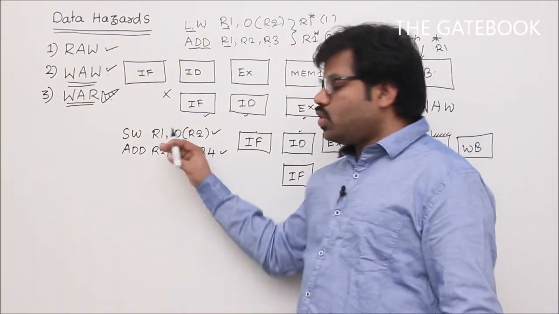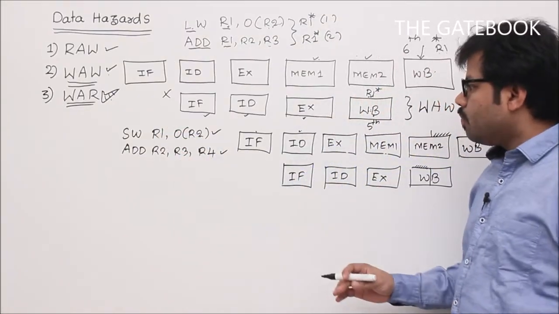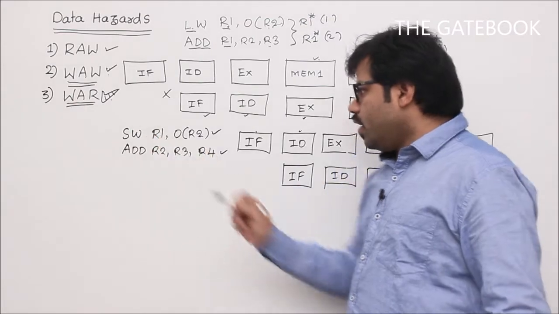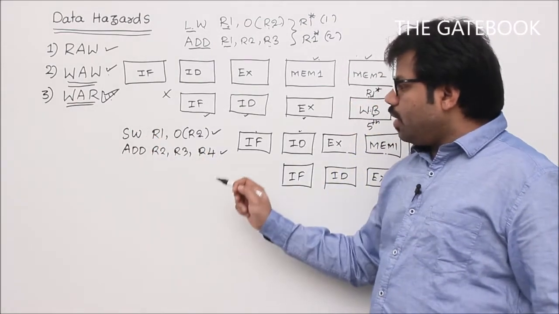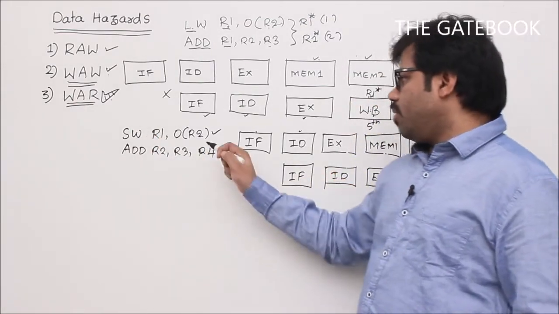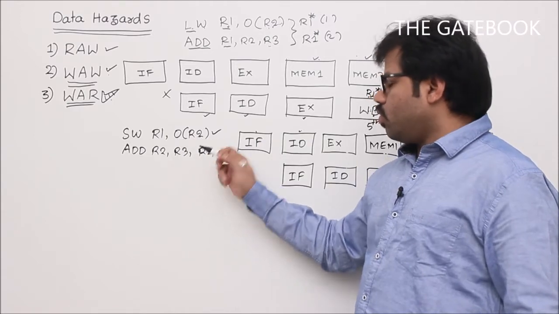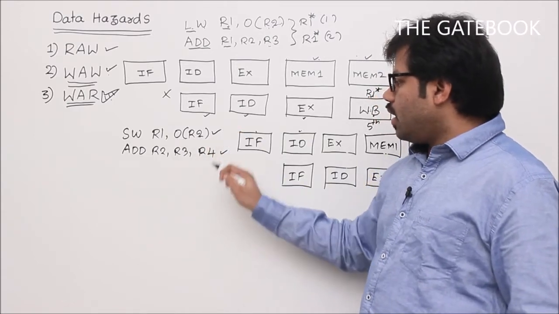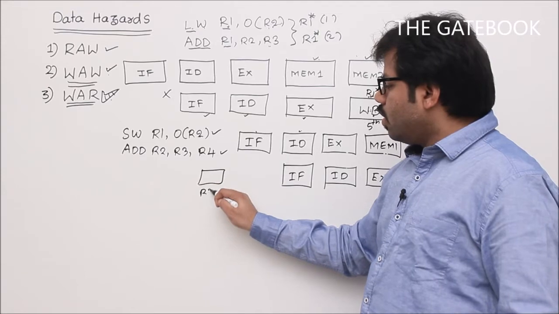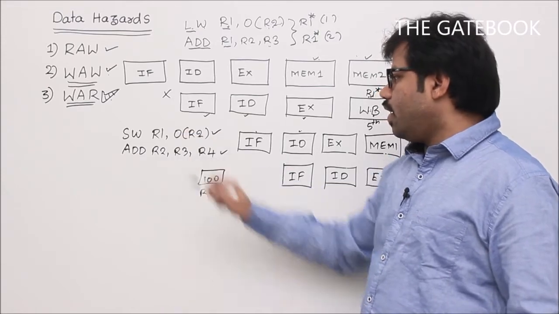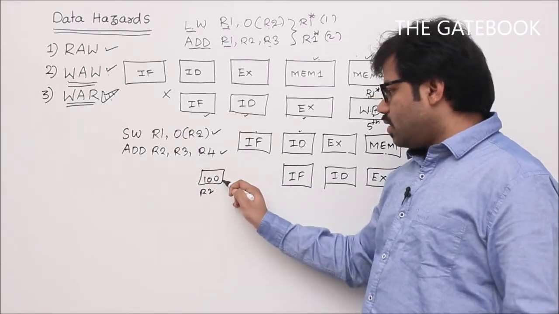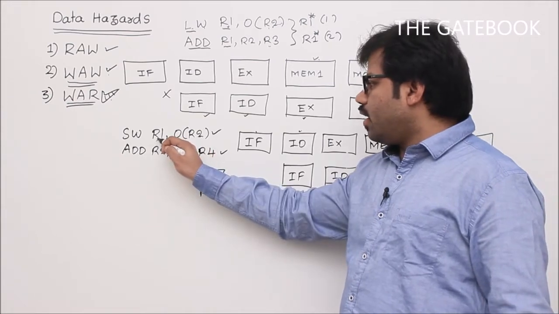Now let us see how these two instructions are getting executed here. Since it is a store word, we will be accessing the memory, correct? First of all, we will be going to 0 of R2. So R2, let us say 100, then 100 plus 0, 100. We will be going to memory address 100, and we are storing the content of R1.